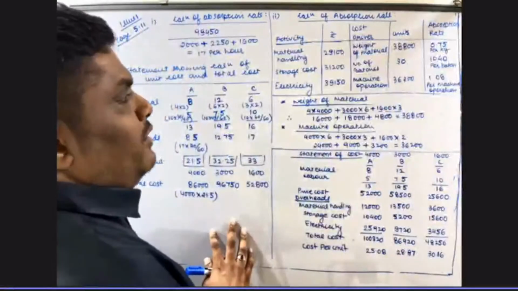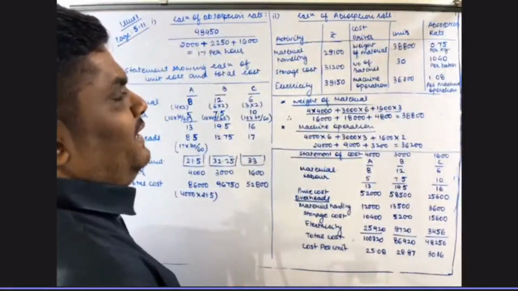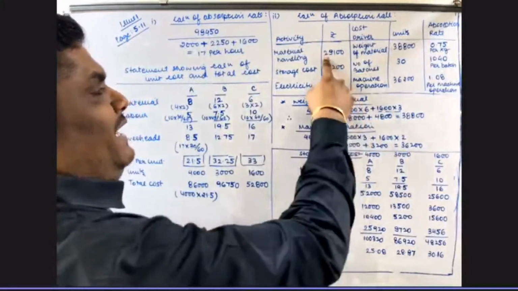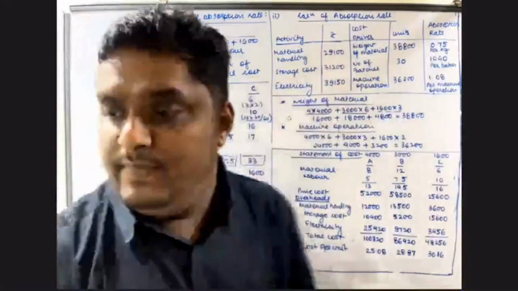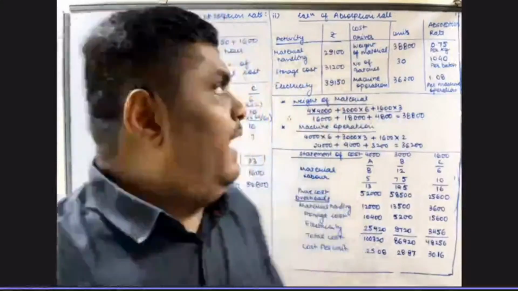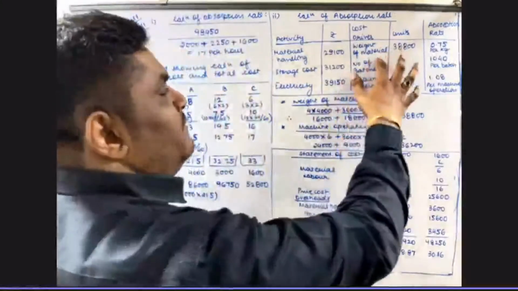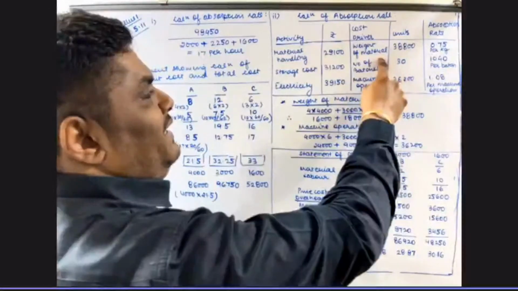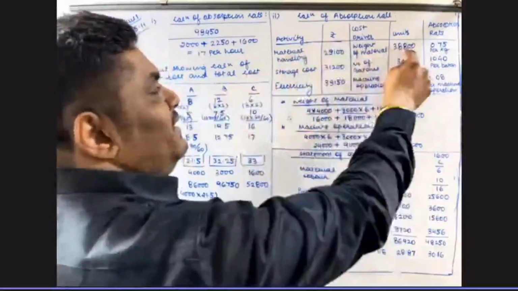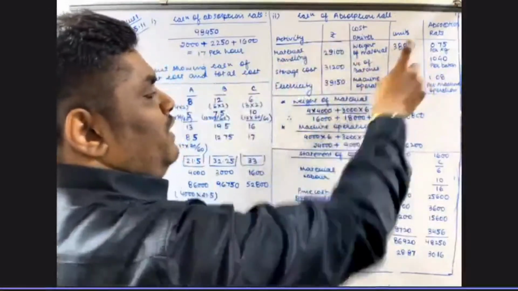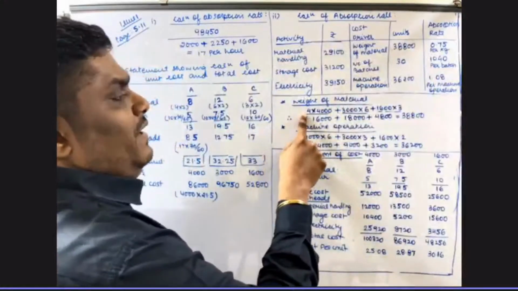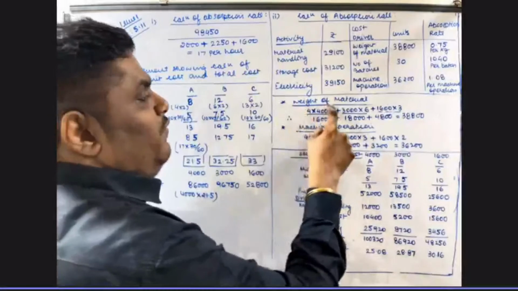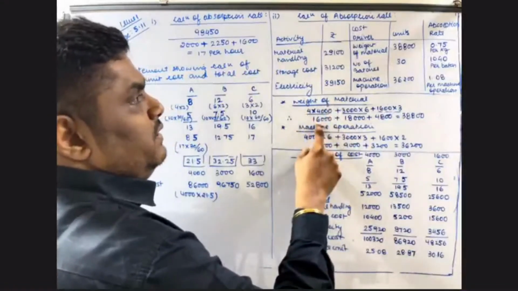So when talking about the calculation of weight of material, see, 29,100 is the cost of material handling, and it is to be absorbed on the basis of weight of material, and the weight of material is 38,800. Now the calculation is like 4 kg is required to manufacture 1 unit of product A, so 4 into 4,000 is 16,000.